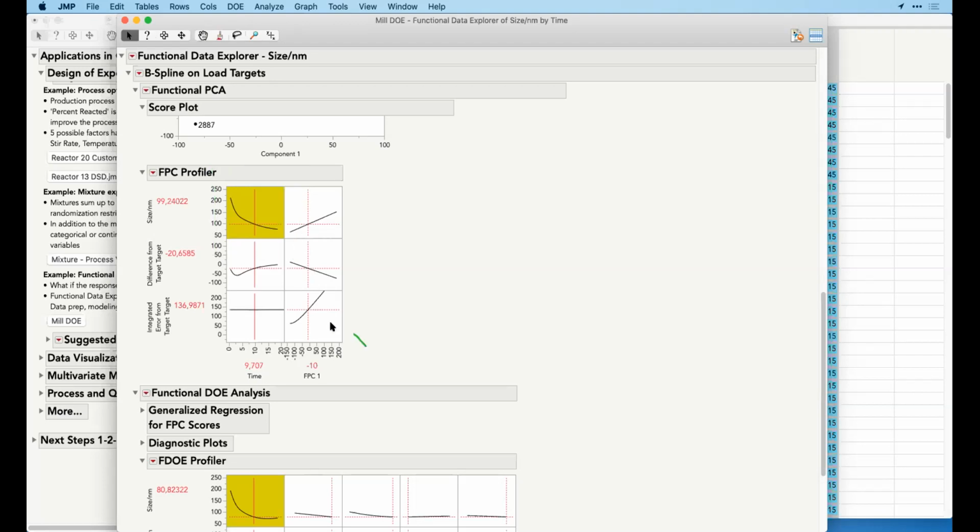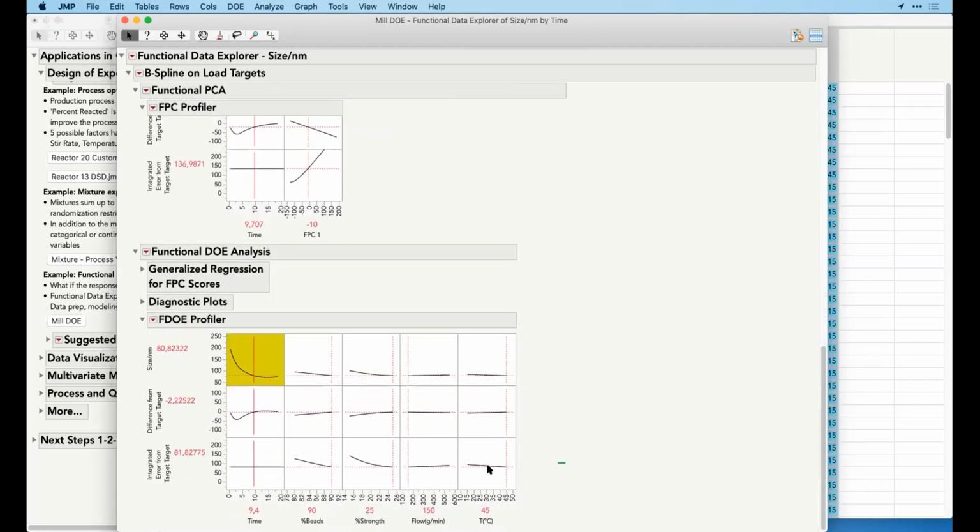But this is typically not what you're primarily interested in. You want to know how to set your process to get as close as possible to the target function here. So this is size over time, and this can be changed by changing any of our factors.